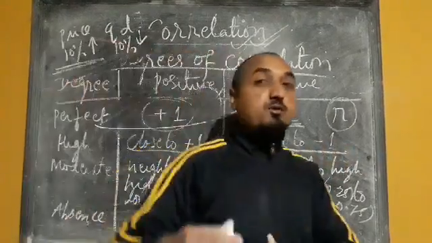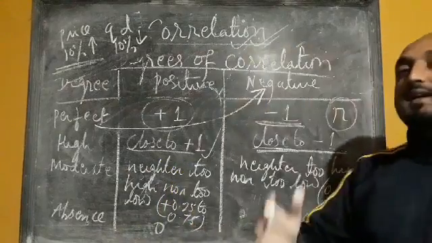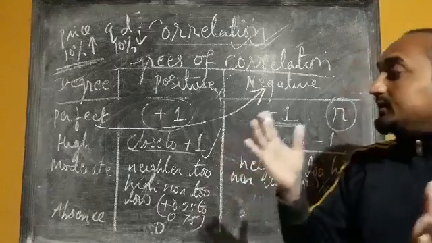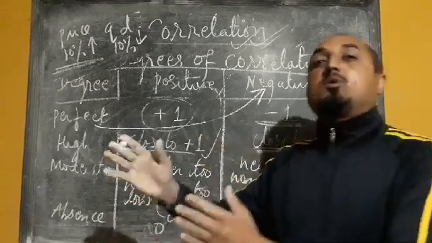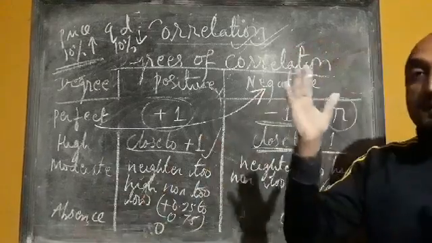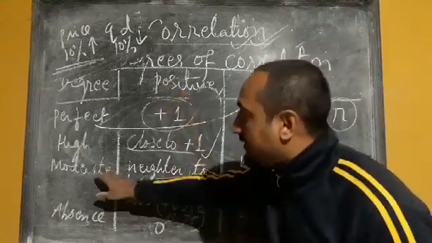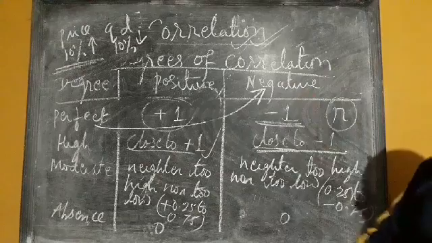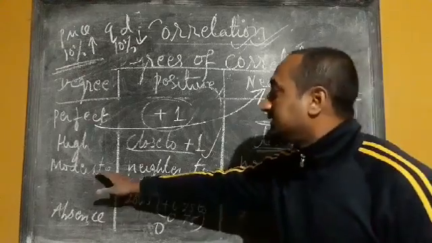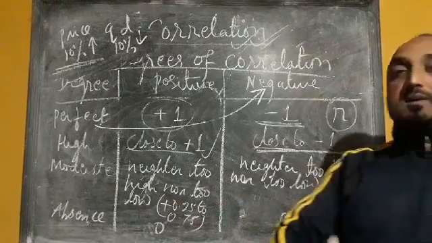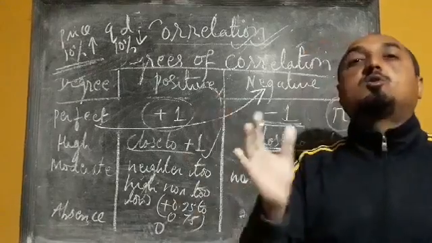Now in the case of moderate correlation, it can be moderate positive correlation, it can be moderate negative correlation. In the case of moderate positive correlation, the value of R will be neither too high nor too low.